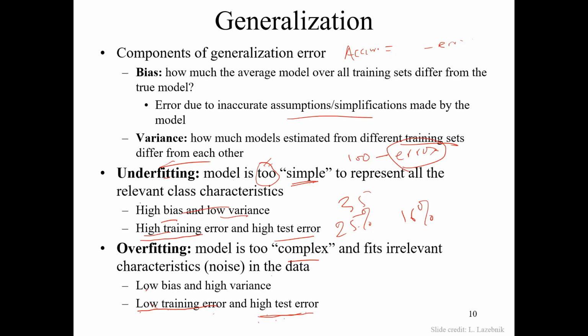So in overfitting, there will be low training error and high testing error. Low training error means, in terms of accuracy, maybe you are going to get like 100% on training, in which case the error is 0%. Or it could be 99% accuracy, in which case the error is 1%.